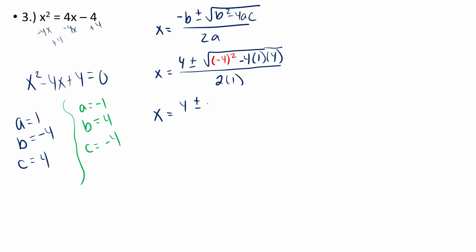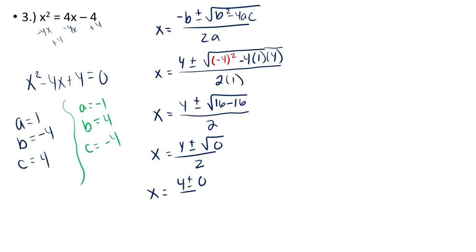Okay, negative 4 times negative 4 is 16, minus 4 times 1 times 4, which is 16, and 2 times 1 is 2. 16 minus 16 is 0, and the square root of 0 is 0.